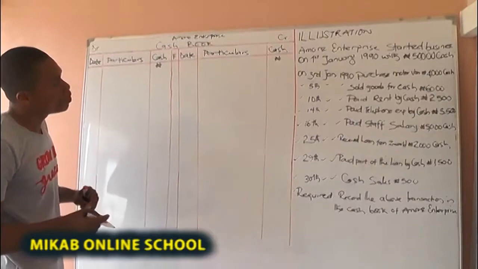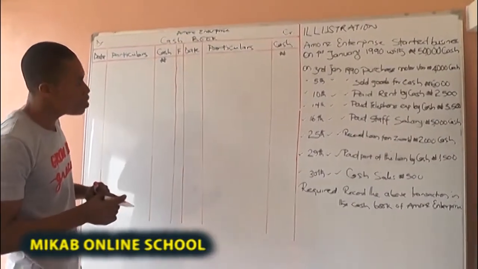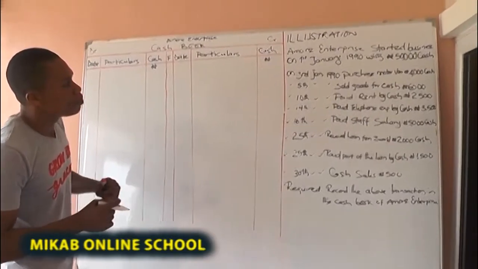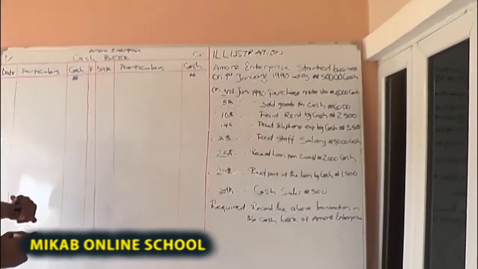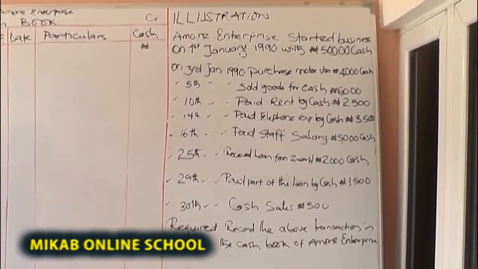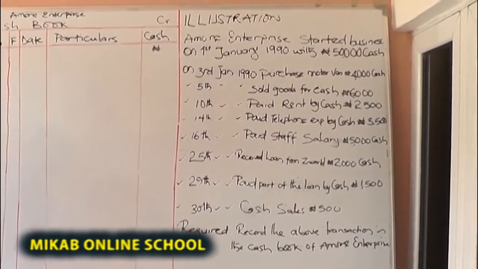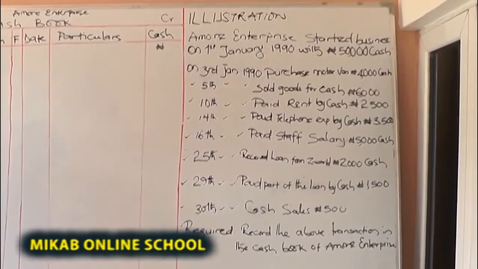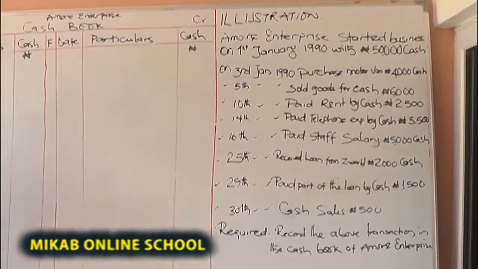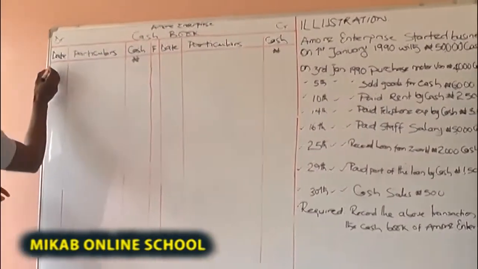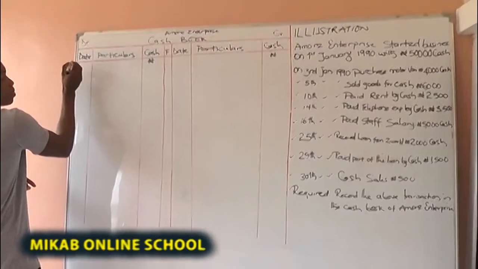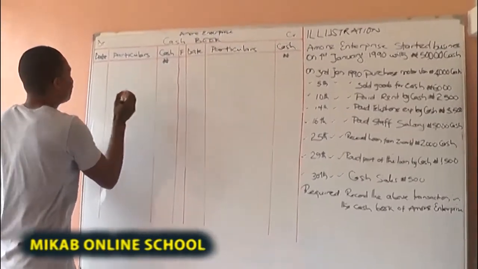Now, the first question says that on 1st of January 1990, business was started with 50,000 Naira cash. The money with which business is started is what we refer to as capital. Take note of that. So we said on the first, here you can write January because the whole transaction starts in January and ends in January.